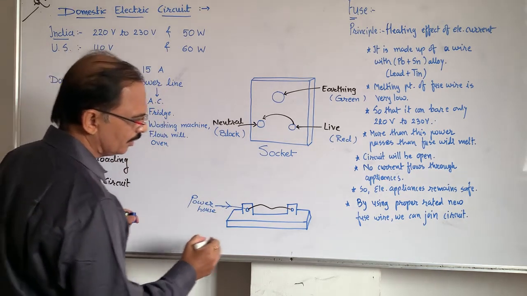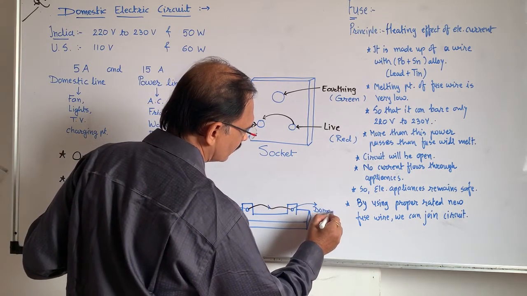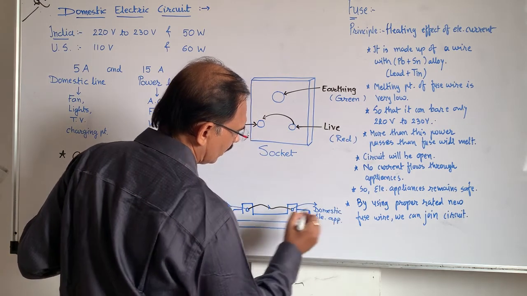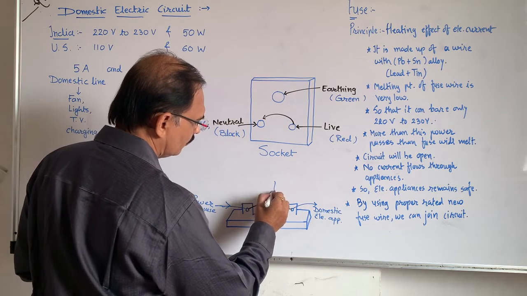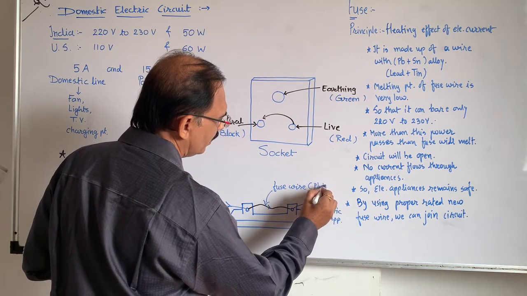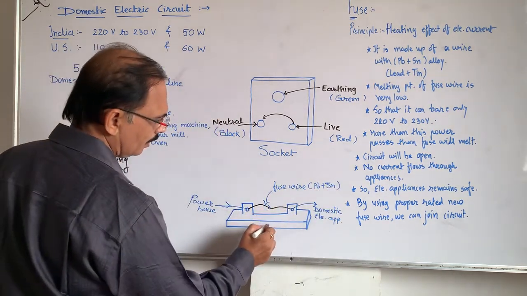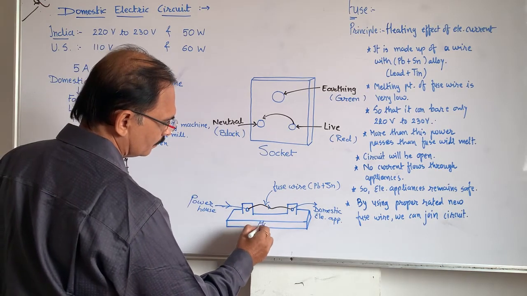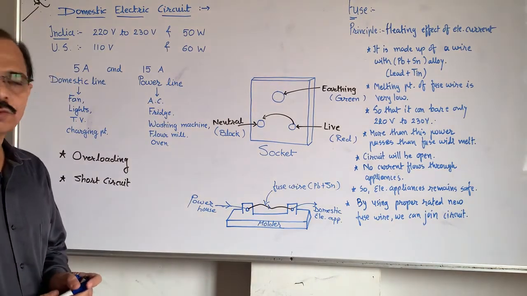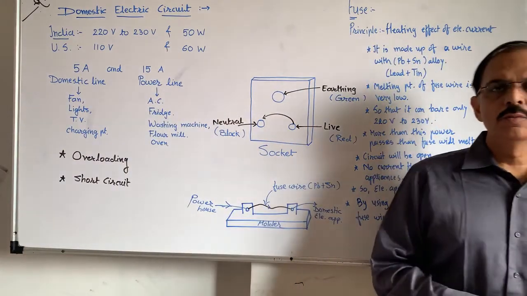Current moves in this direction, and then these are domestic electrical appliances. This is called fuse wire, made up of lead and tin alloy. One terminal, another terminal, and fireproof holder. Okay, so one should use fuse wire in the domestic circuit.